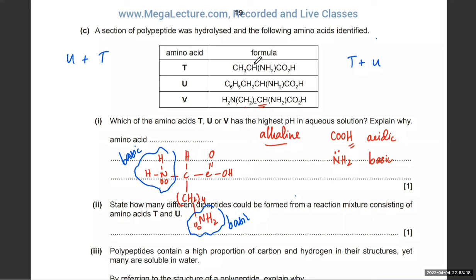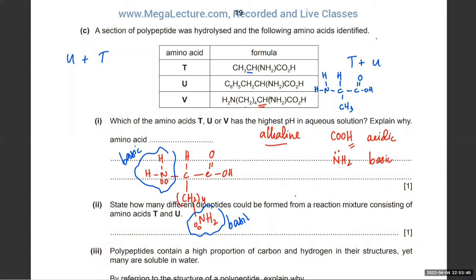So I'm going to draw this one. Let's just quickly draw this. You've got a CH, and you've got an NH2 and a COOH. So there's a C double bond O, OH, and on the other side you've got NH2. And at the bottom there is a CH3 group around this C with a single H. So that's the arrangement. That's the first one. And V is this big one.